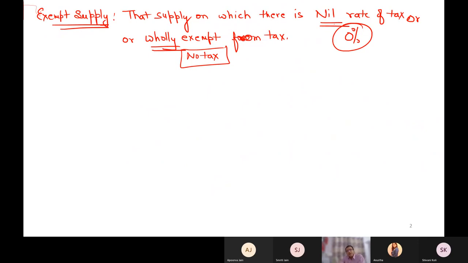So those are tax free, wholly exempt. Nil means these are not wholly exempt. The rate is 0% because today the rate may be 0%, but tomorrow government can increase this 0% to 12%, and then you will say that this is not an exempt supply now. Wholly exempt means it is tax free, there is no problem. Nil means right now it is 0%, but anytime it can change.